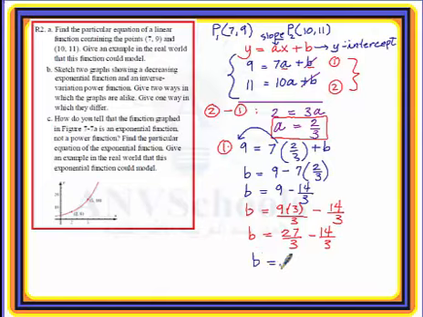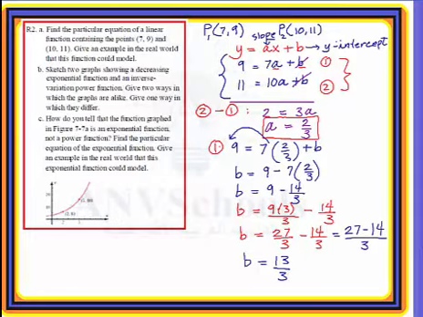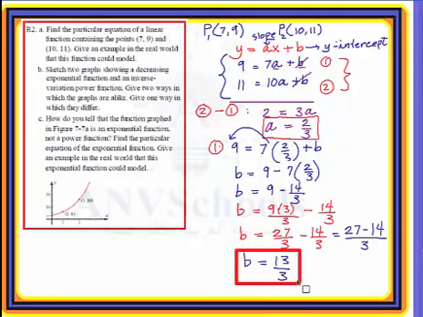So if you have the same denominator, you can now combine the numerators. So this will yield us 27 minus 14, so that's 13 over 3. Okay? So our b is 13 over 3.